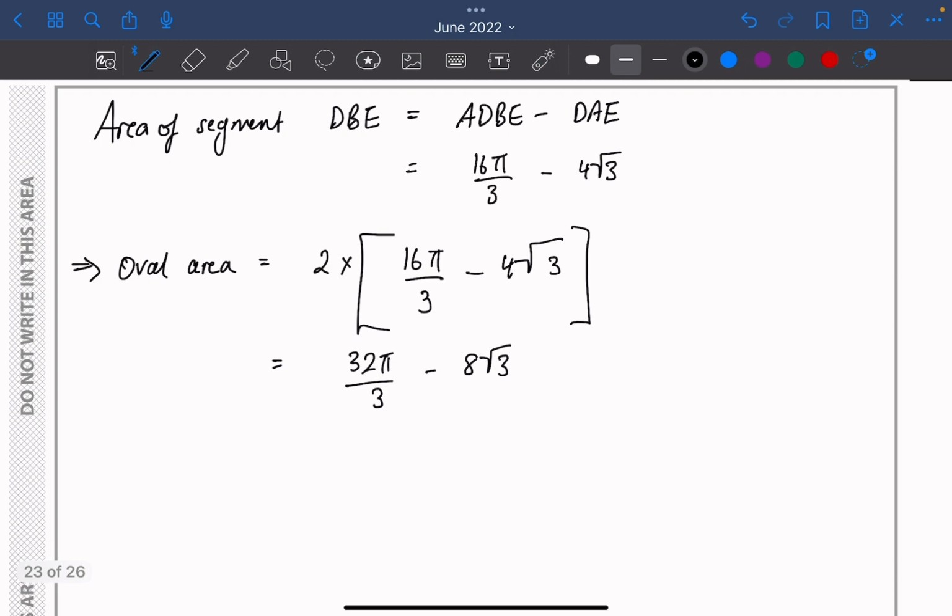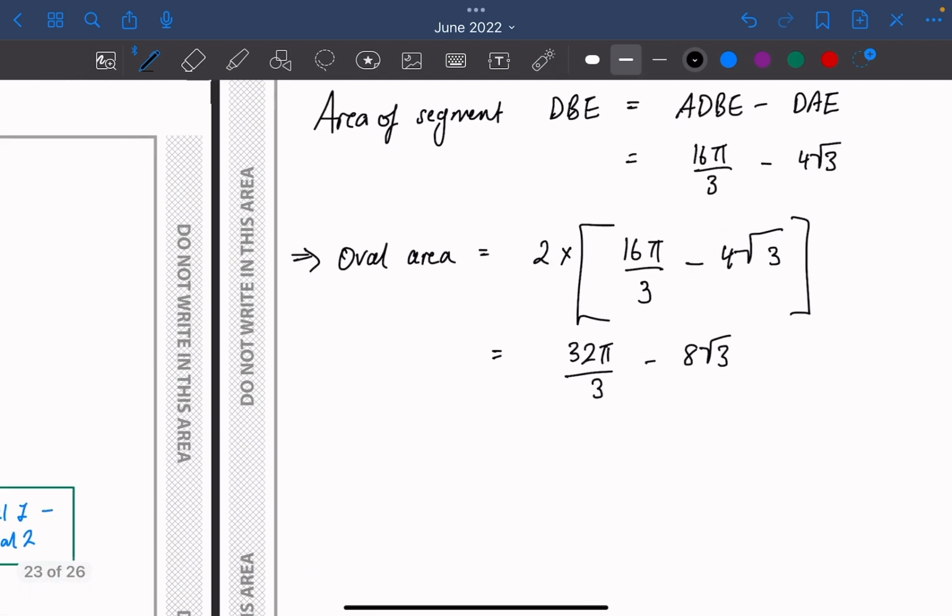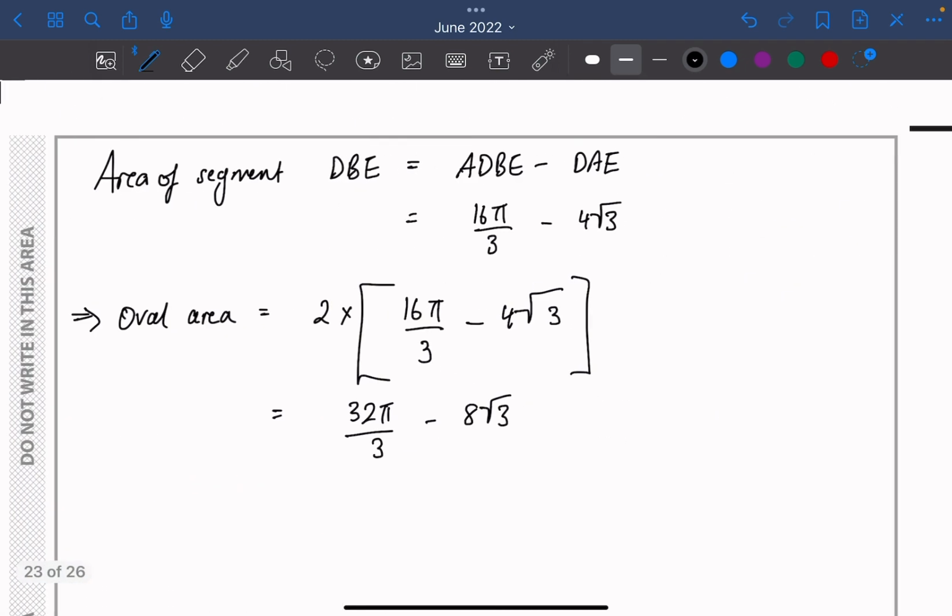Now there's two ovals, remember, so let's call it total oval area, which is 2 times by that.